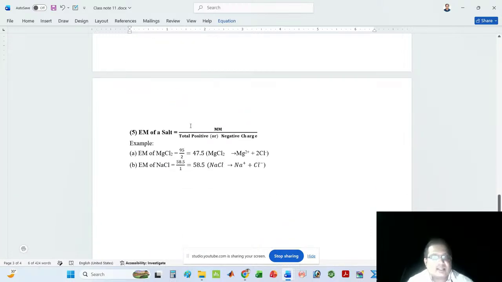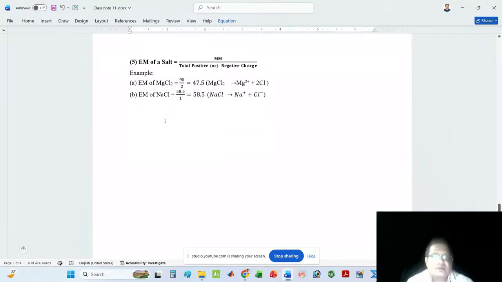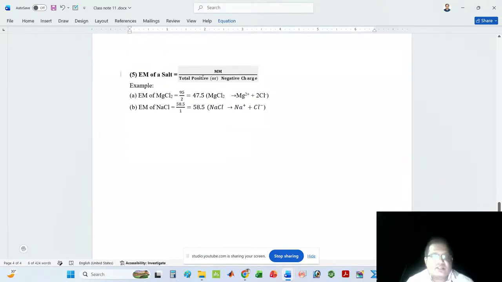Next, move to the equivalent mass of a salt. Equivalent mass of a salt is equal to molecular mass divided by total positive charge or total negative charge. Think about a salt, MgCl2. The total positive and negative charge can be found when MgCl2 undergoes dissociation, giving Mg2 plus and 2Cl minus ions.